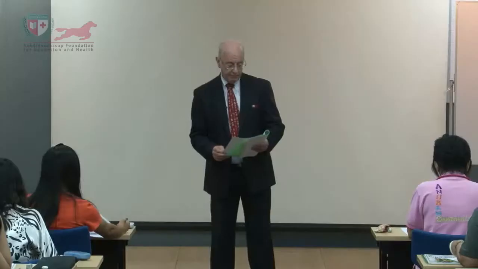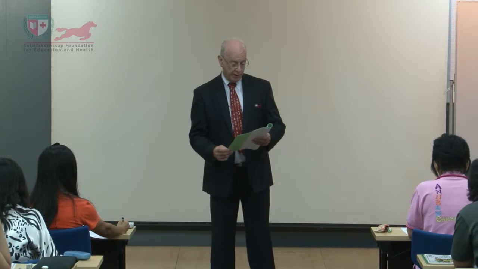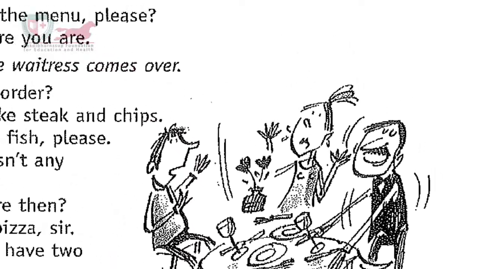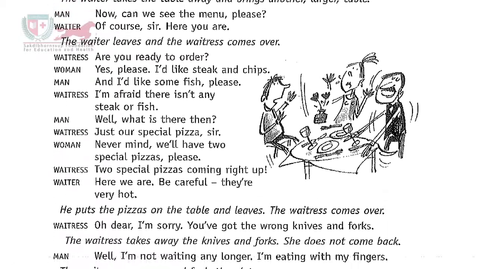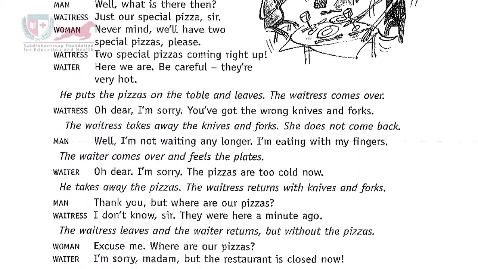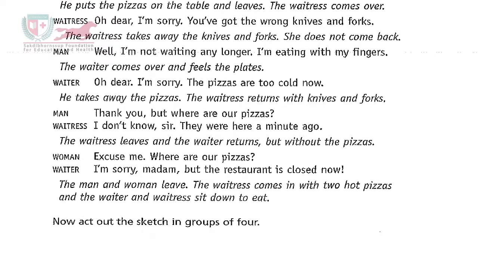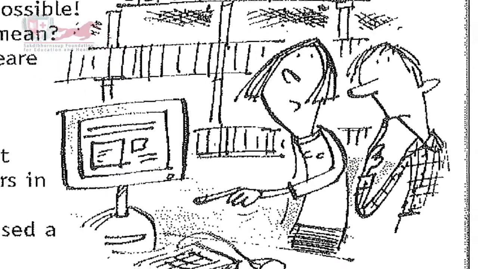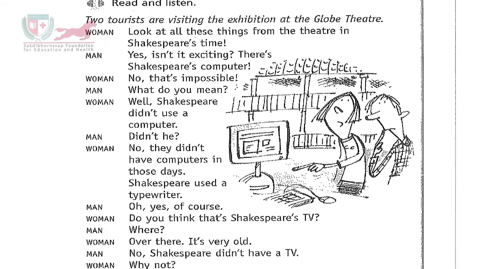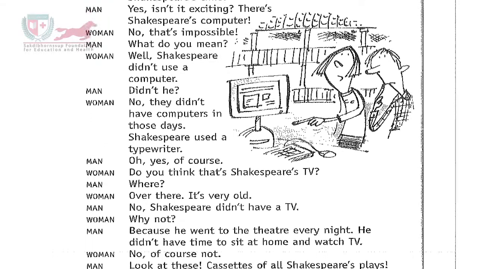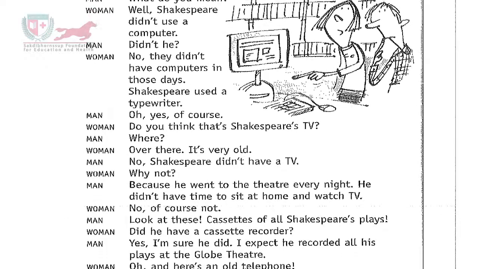On the next page, we have another sketch, this time a restaurant. And we have a man, a woman as the guests, the diners, and a waiter and waitress. So 4 people for that one. Then on the next page, a further sketch called Shakespeare. 2 children going around the Shakespeare Museum in Stratford-on-Avon in central England.